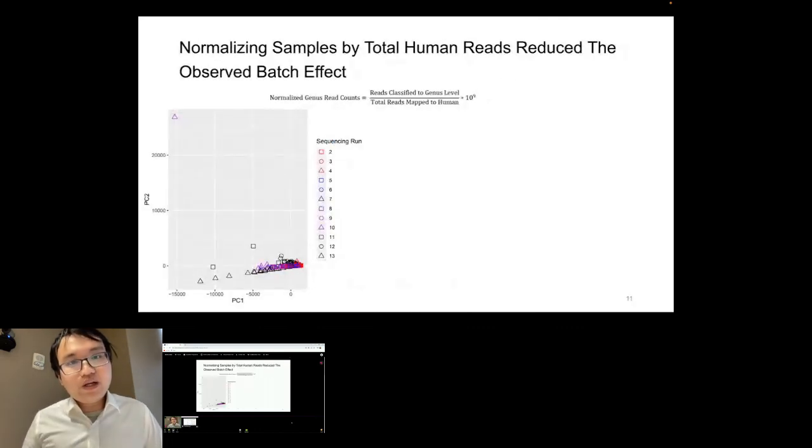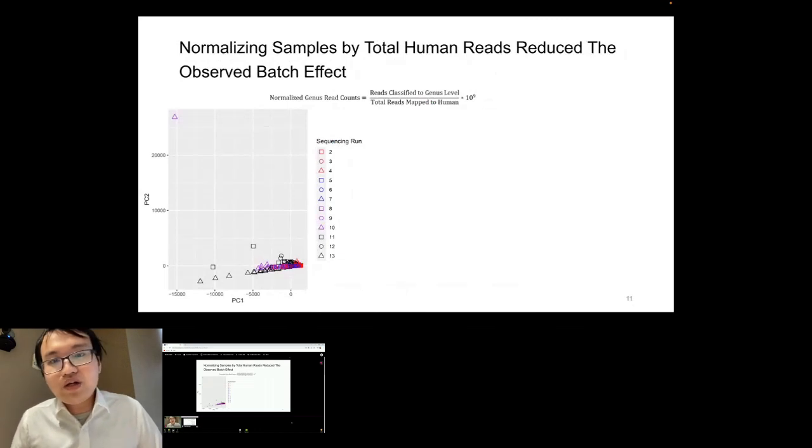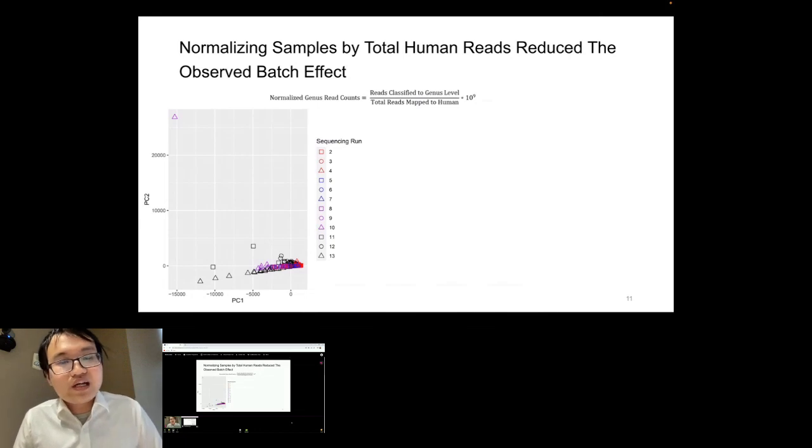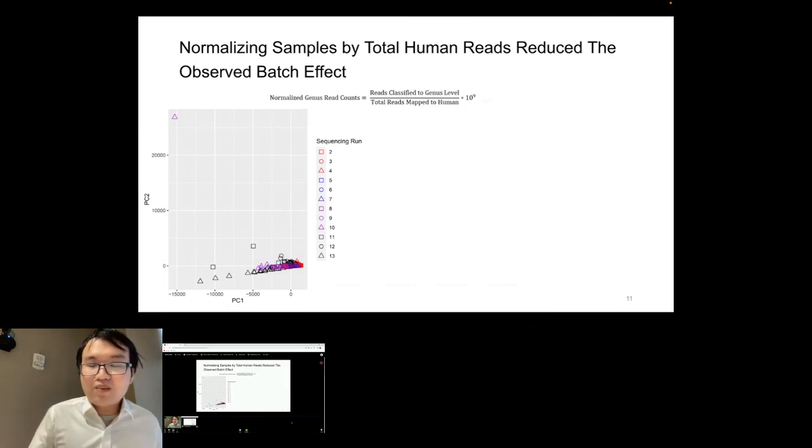We then decided to account for the read depth in our samples. Within each sample, we recalibrate the genus read counts such that the normalized genus read count is now calculated by dividing the reads classified to the genus level by the total reads mapped to human in the sample, times 1 billion.